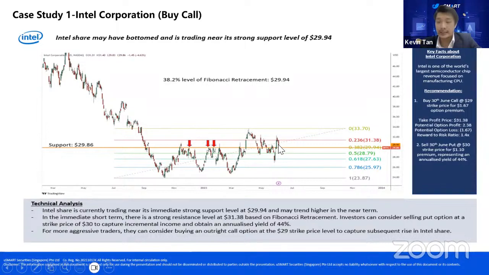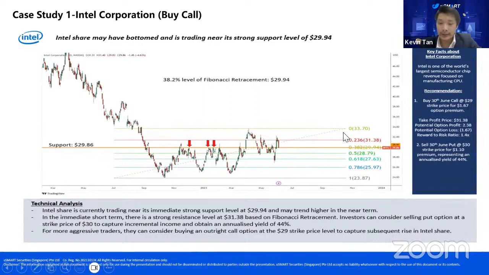A support level is essentially a price level that shares tend to bounce off when they hit it. They may break through the support level, meaning price may drop below $29.86, but usually they tend to bounce back above this level. And we believe that it could potentially go up to this $31 price level.